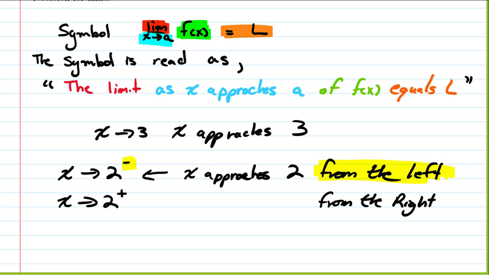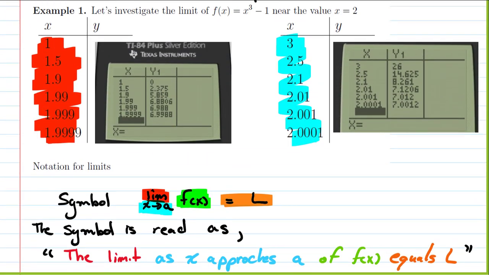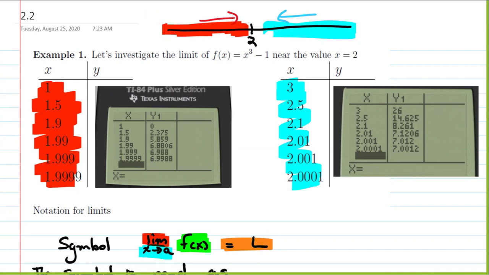So when we are writing down these limits, if you see a plus sign where an exponent would go, it means we're approaching that value from the right side. If we see a negative sign where an exponent would go, it means we're approaching it from the left side. So up here in example 1, when we were approaching x equals 2 using values like 1, 1.5, 1.9, 1.99, we are using values of x that are smaller than 2, so we are getting closer to 2 from the left-hand side.